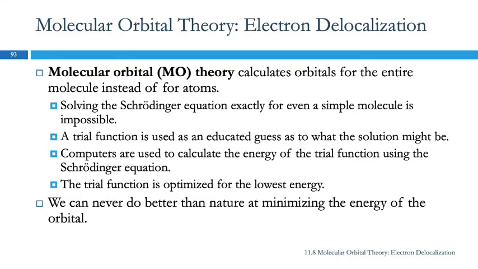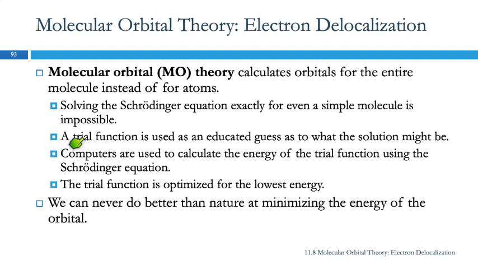This is the third theory that we're going to look at, molecular orbital theory. And what this does is it calculates orbitals for the entire molecule instead of individual atoms. And of course, solving the Schrodinger equation, even for a really, really simple molecule, is impossible.